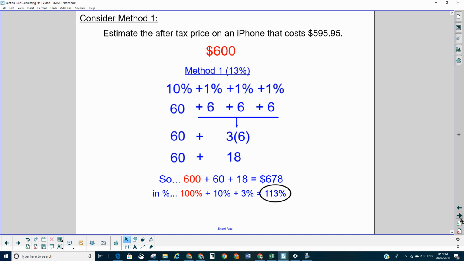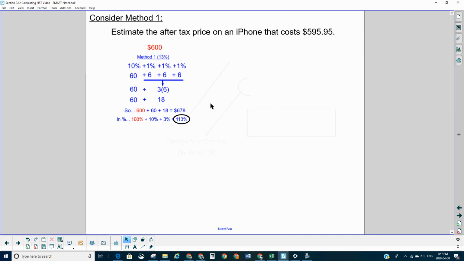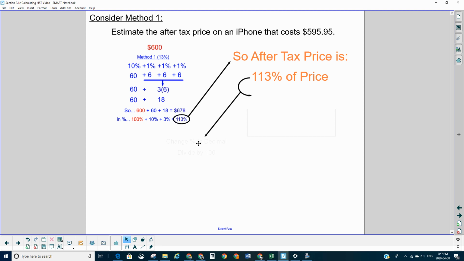So let's think about that 113%. That would mean that the after-tax price is 113% of the original. You'll recall last chapter, we translated statements like this into math. So 113%, if we wanted to translate it, we would change it into a decimal by dividing by 100.